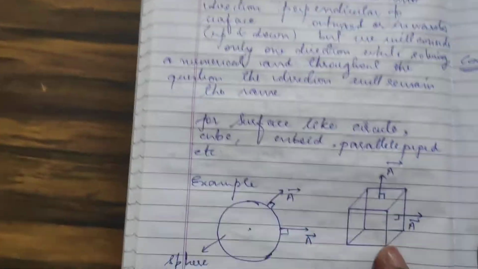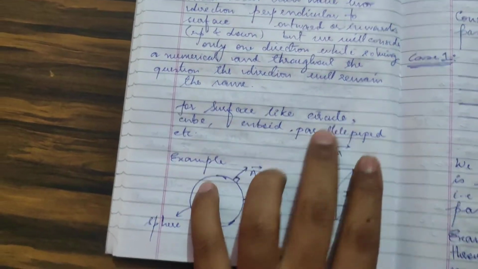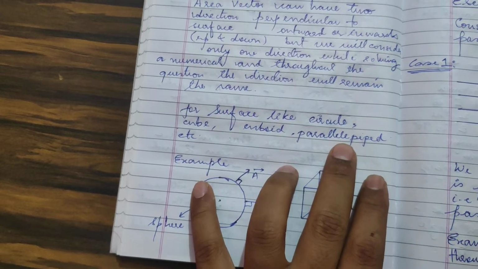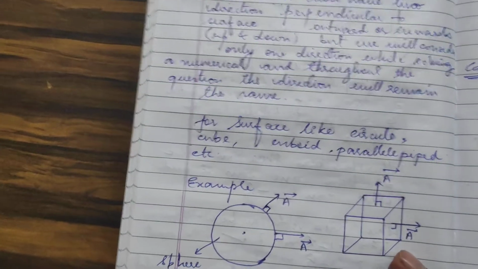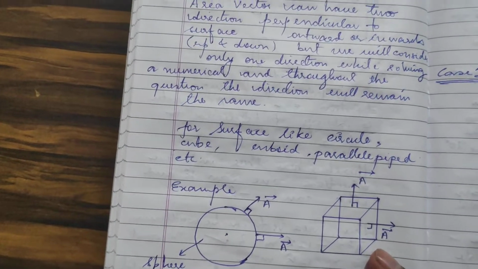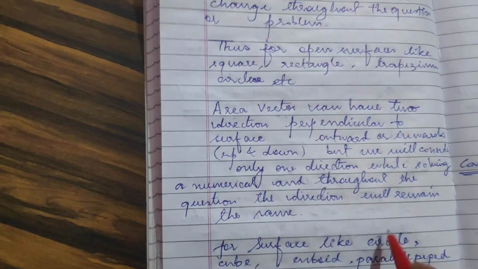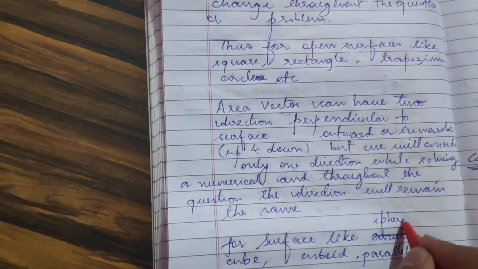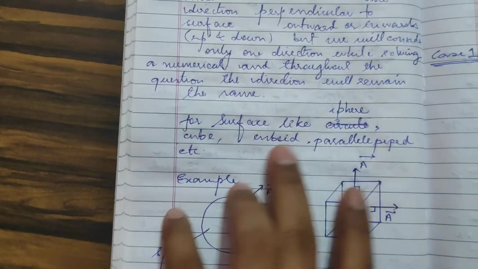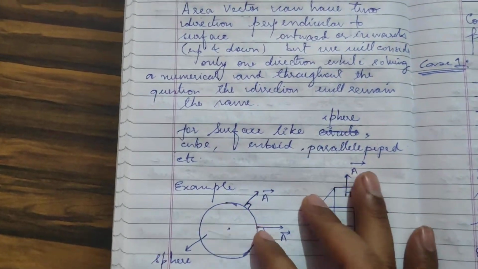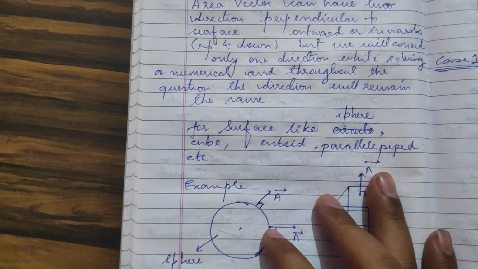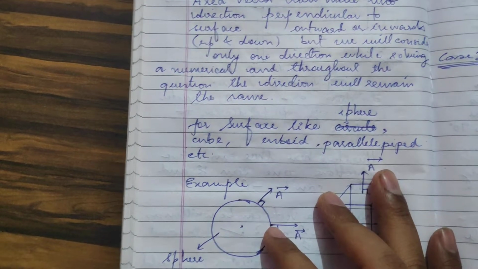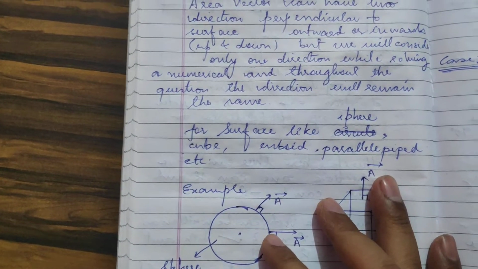Now for surfaces like sphere, cube, cuboid, parallelepiped, etc. Not circle, I should take a sphere over here. Now these surfaces have something in common, which is they are all three-dimensional.